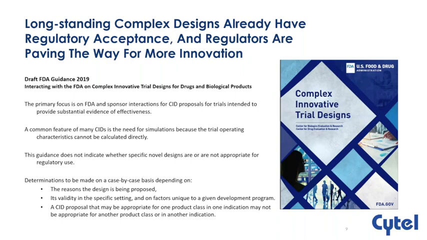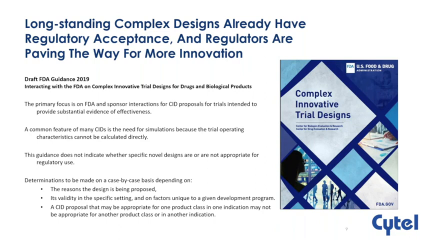But what I like the most about this guidance is exactly what I will be spending a lot of time on today, and that is the context. So the fact that every design may not be appropriate in every situation, and sponsors, when they're submitting these designs for review, need to specify the reasons the design is being proposed.